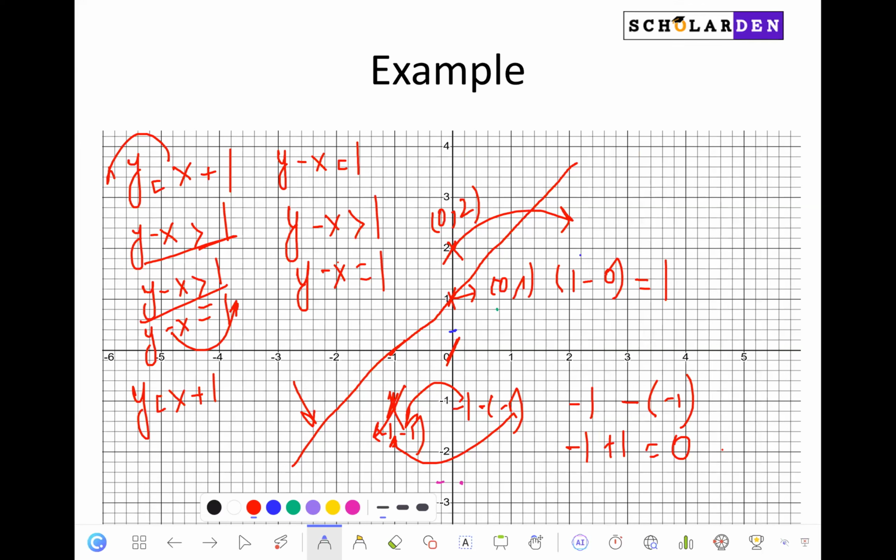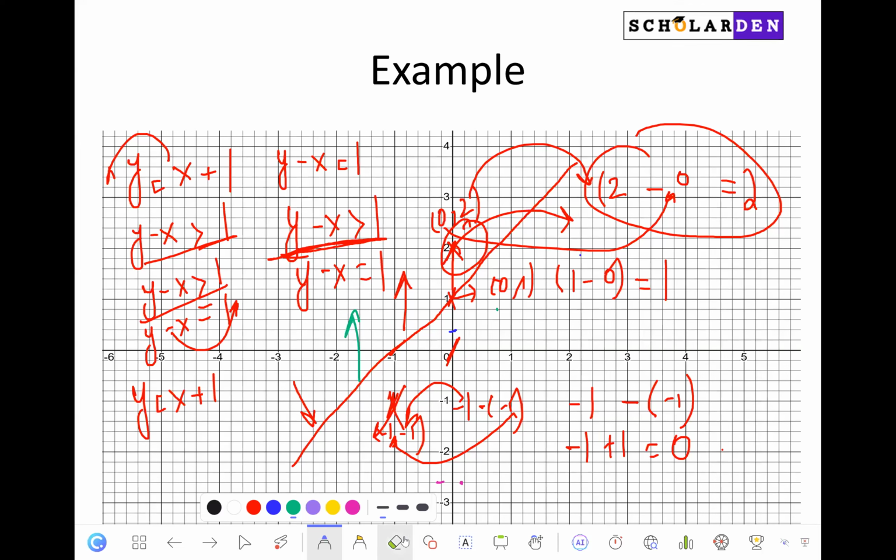Now, what we want is the region where this condition is satisfied. So 2, your y coordinate, minus 0, your x coordinate, gives you 2. And this, in fact, is a valid point. So this gives us an idea that any point that lies above this line is going to belong to the valid region.